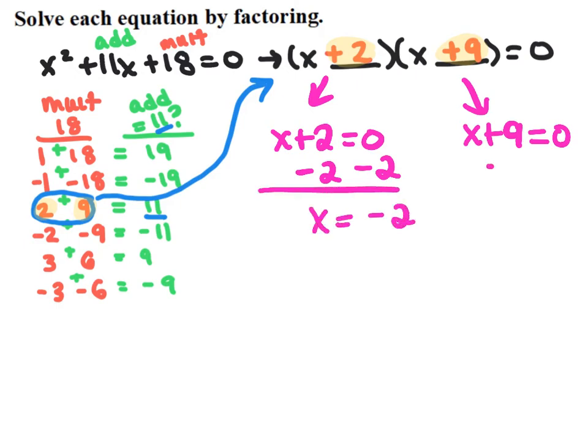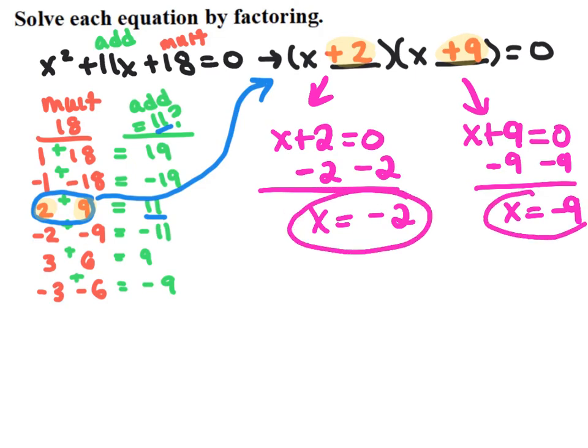And to solve the equation on the right, you would subtract 9, so we get x equals -9, giving us our two answers. So we can rewrite this as x equals -2 or -9.